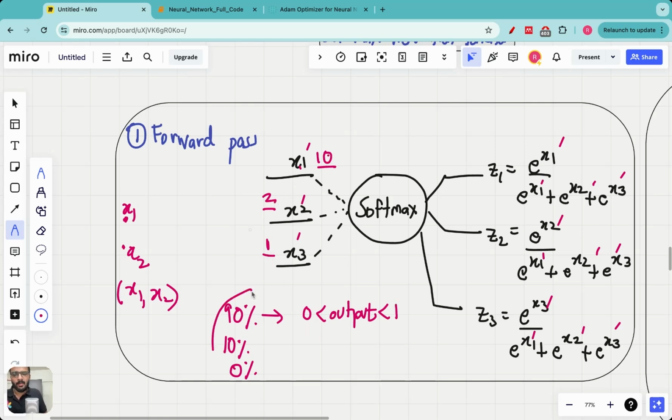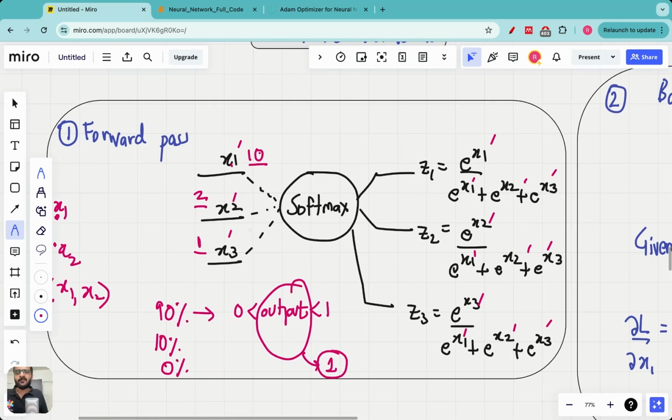Secondly, I want the sum of all of my outputs to be equal to 1, because then they will be really related to probability, right? 90%, 10% and 0, this adds to 100%, which is good. But here these values just add up to 13, which makes no sense at all. So I want my output to lie between 0 and 1, and I want my outputs to sum up to 1. What's the function which does that?